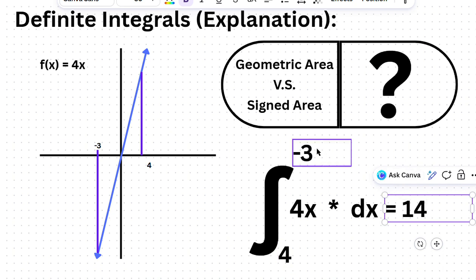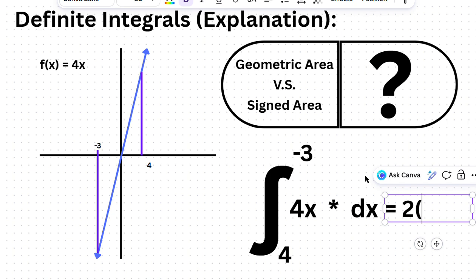Also, one rule when doing definite integrals is that you should always first substitute in the top number into the antiderivative, and then substitute the bottom number into the antiderivative you're subtracting.